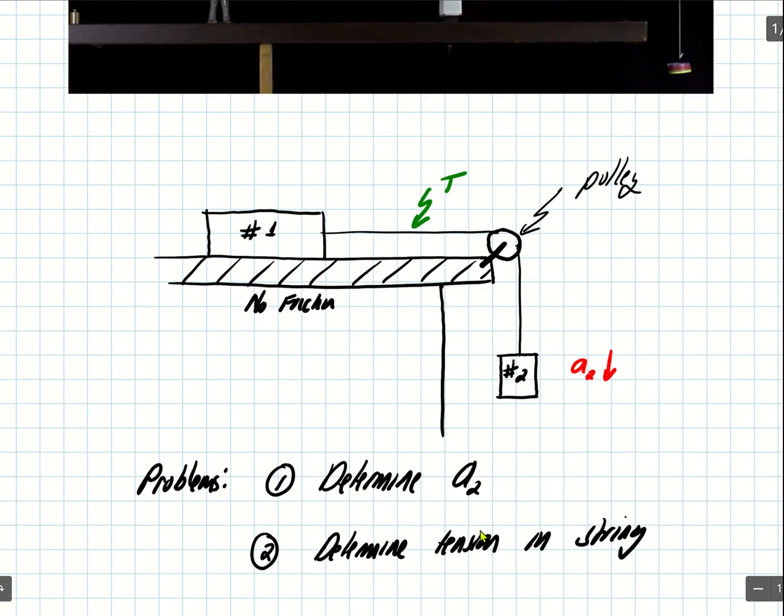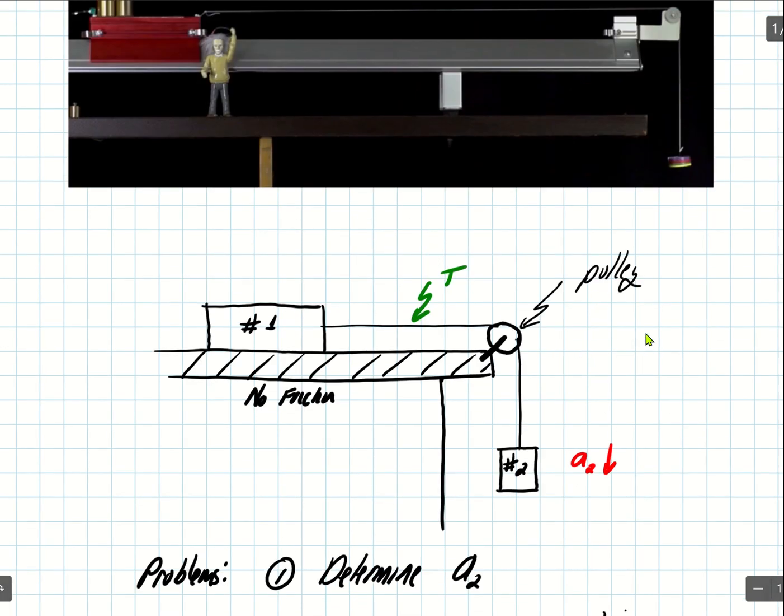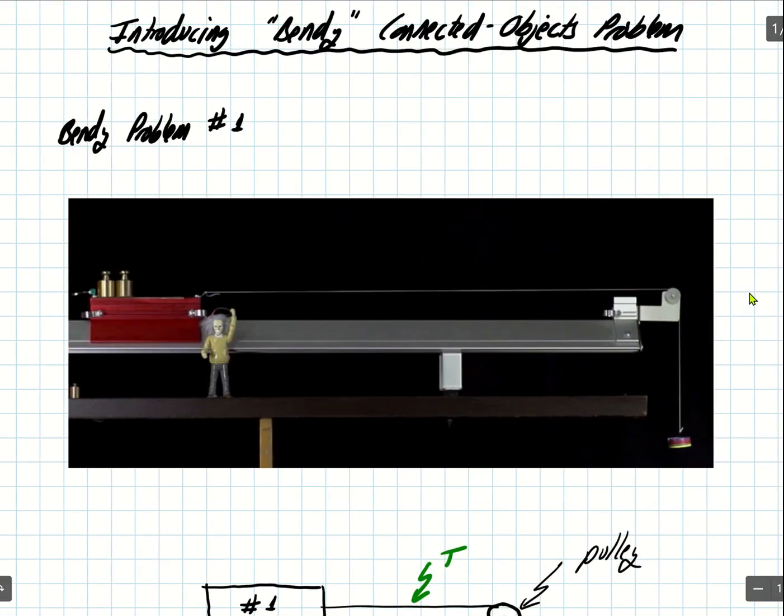Another problem would be what's the tension in the string between objects 1 and 2. It sounds like a connected object problem from the previous homework assignment, but the key difference is, what do we do with this bend?